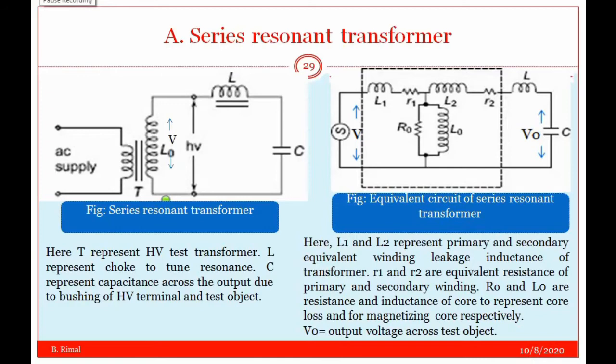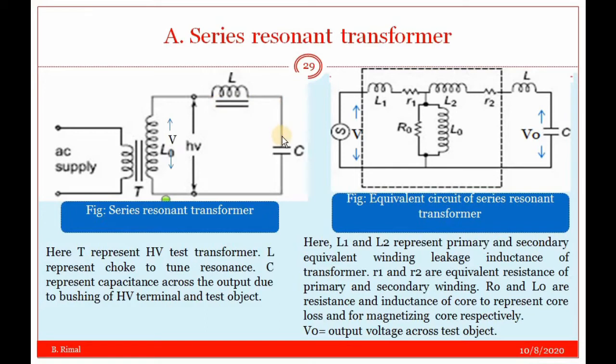Let's discuss more on the series resonant transformer. In this figure, T represents the high voltage test transformer and L represents a choke which can be tuned for resonance, and C represents the capacitance of the high voltage terminal bushing of the transformer and the test object.